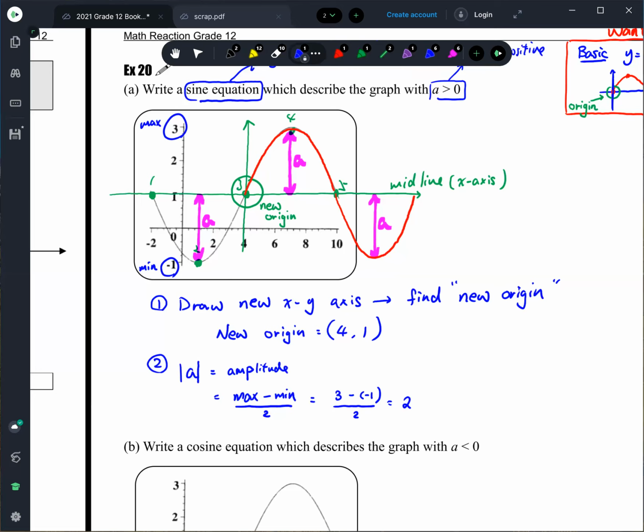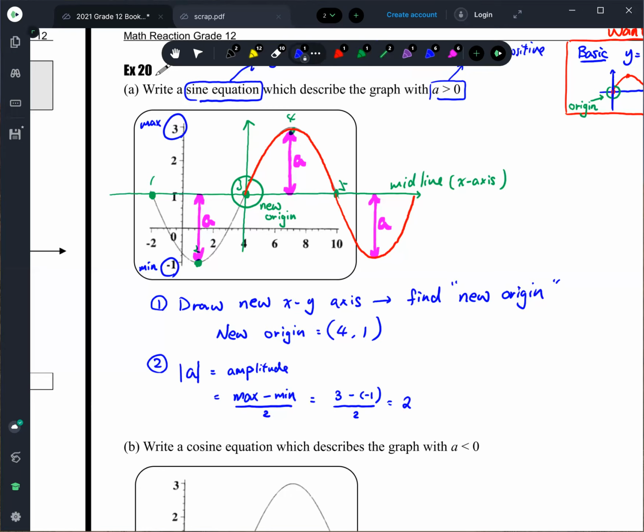Was it the new period? That's right. Okay, how do we find a new period? What's the formula to find new period? Evan, how do we find new period?